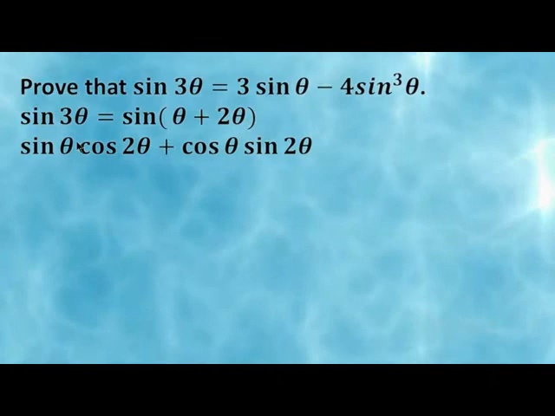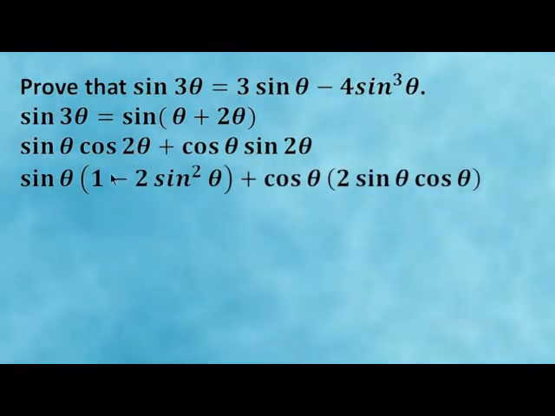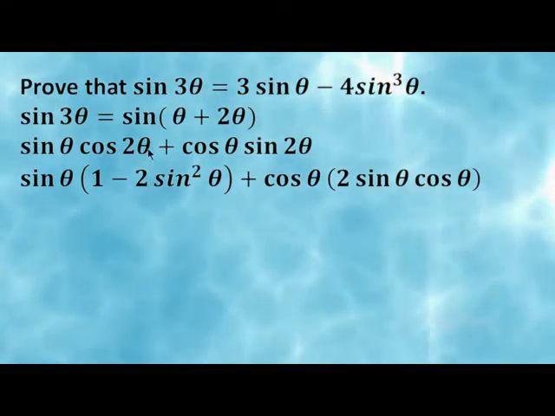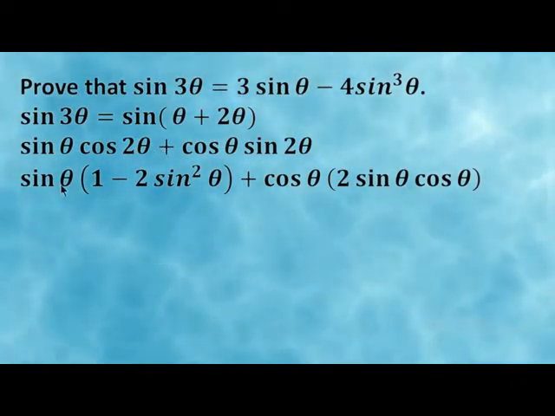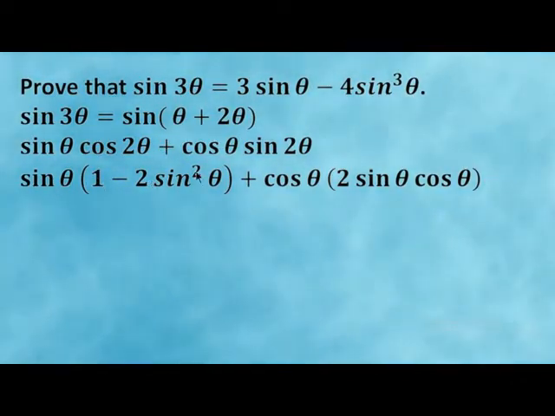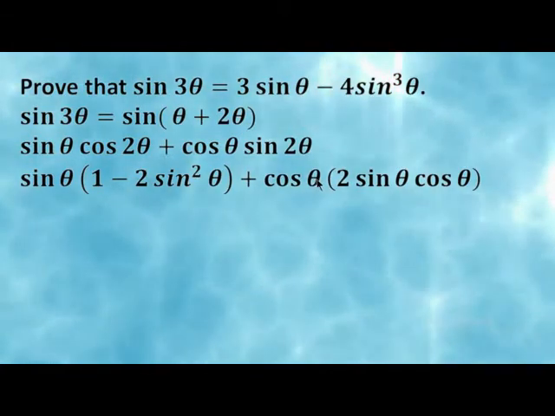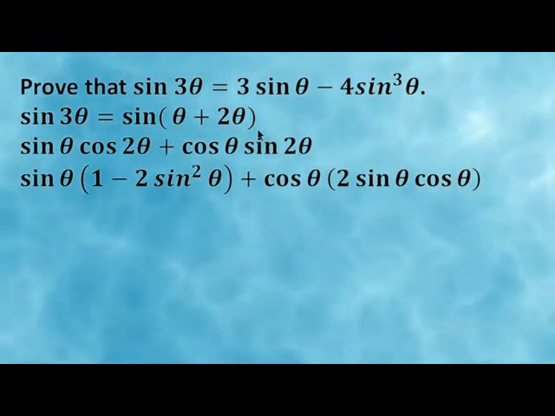And then we can expand cosine 2 theta with 1 minus 2 sine square theta, the double angle. So sine theta multiplied with 1 minus 2 sine square theta plus cosine theta multiplied with sine 2 theta, double angle.